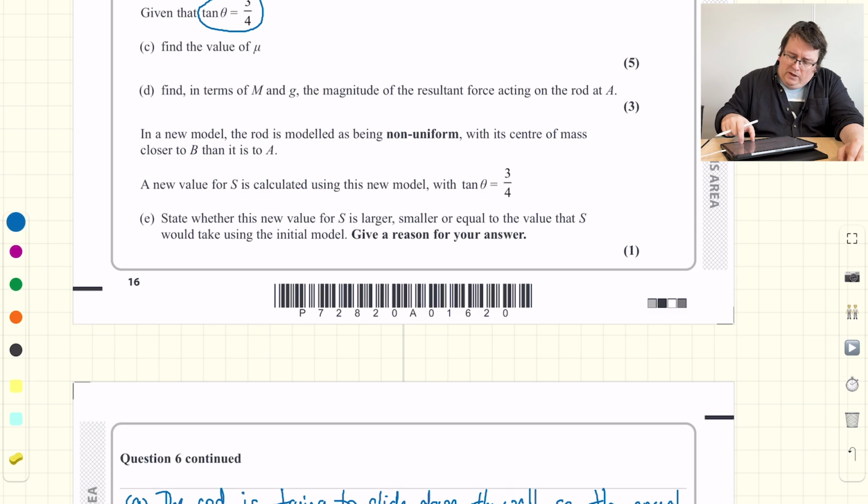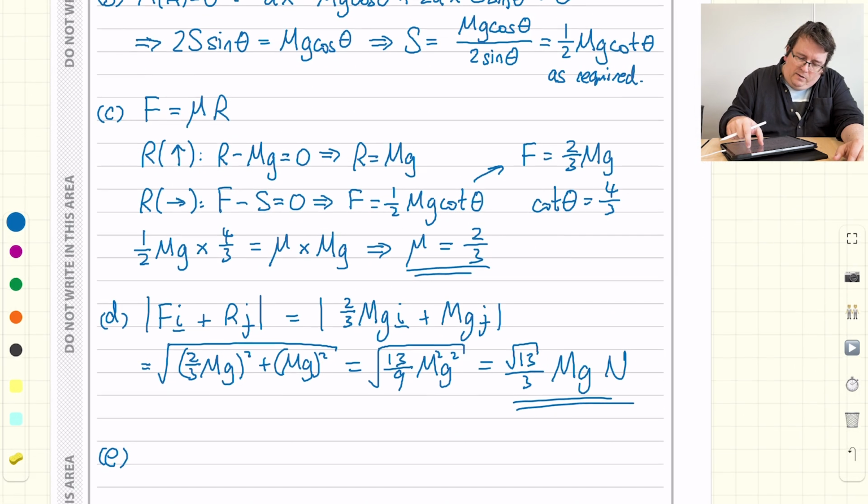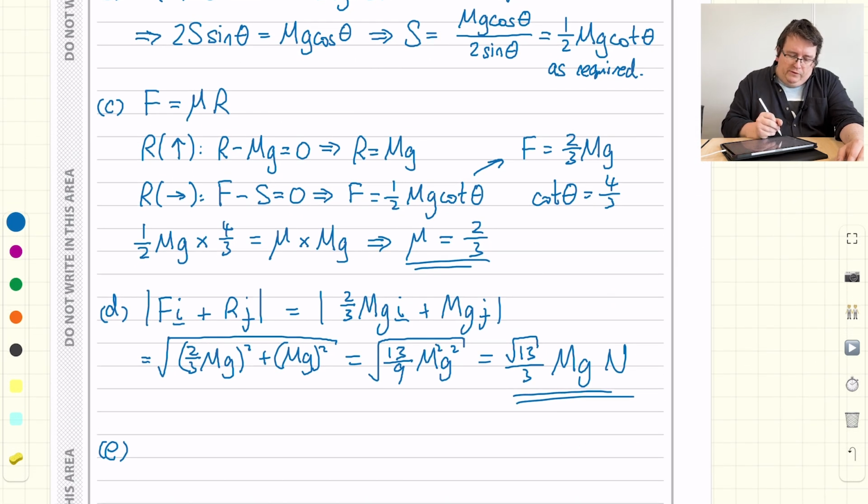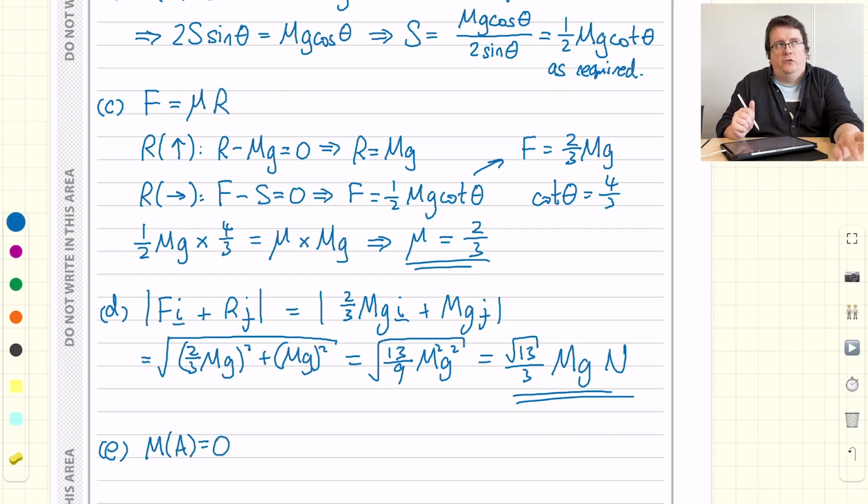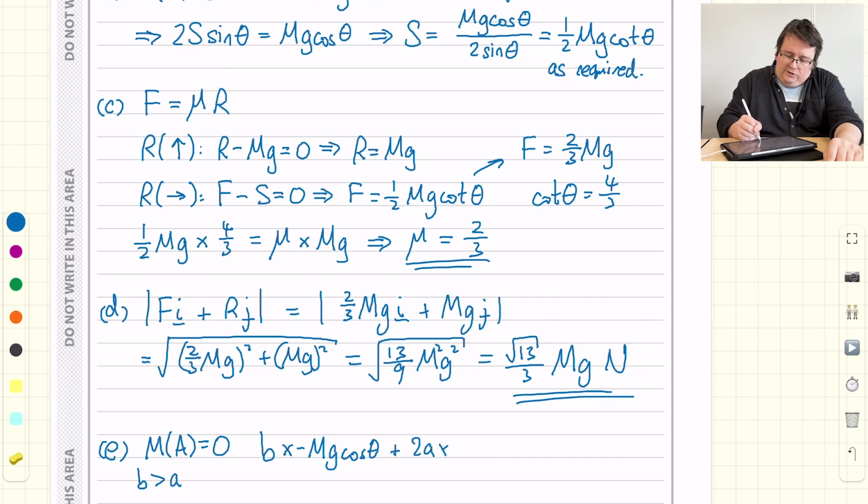Let's go back to what we did at part B, and we took moments about point A. Now, let's say that the distance from A to the new centre of mass is b, where b is greater than a. So b times minus mg cosine theta plus 2a times s sine theta is 0.